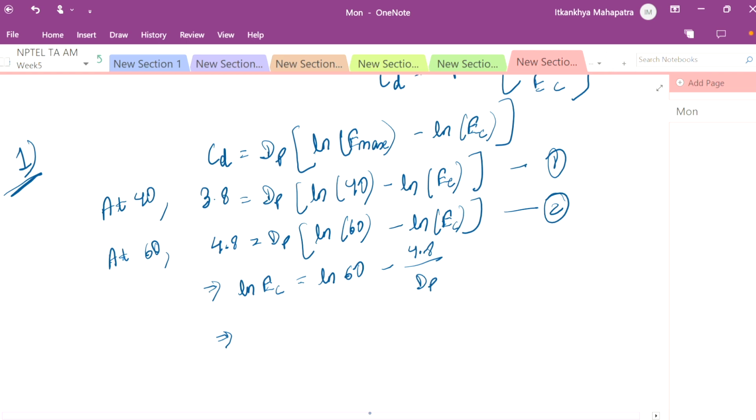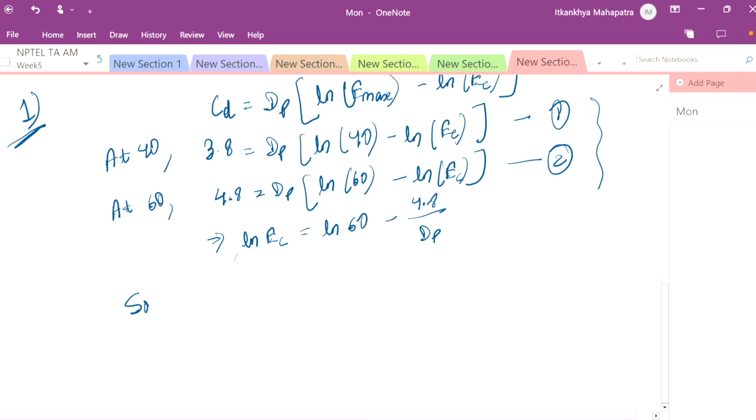Now we will put this ln EC value here, and upon solving both these equations we will get, solve equation 1 and 2.